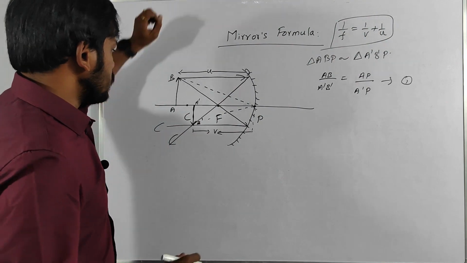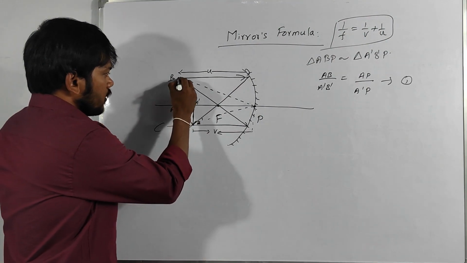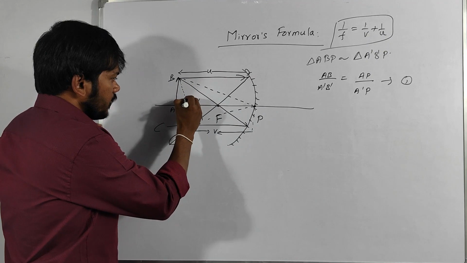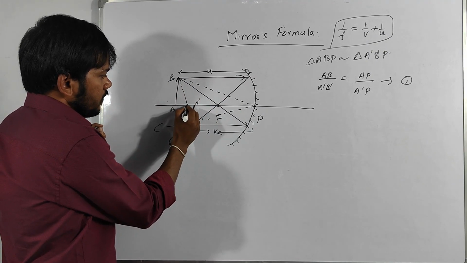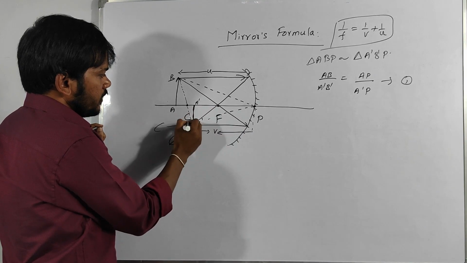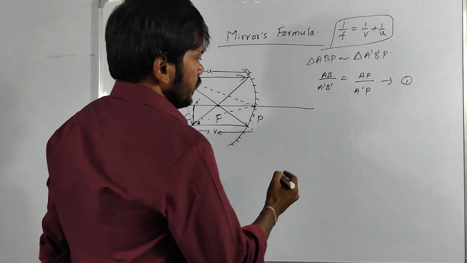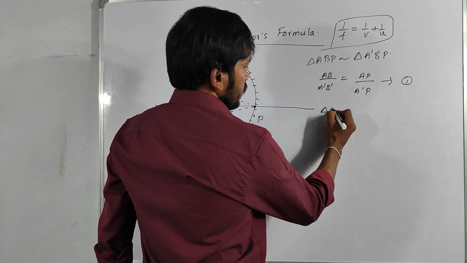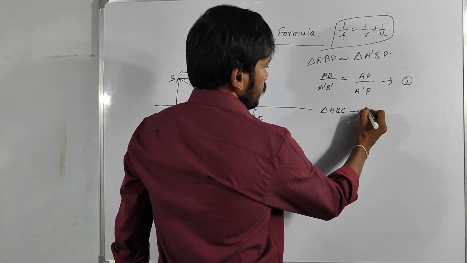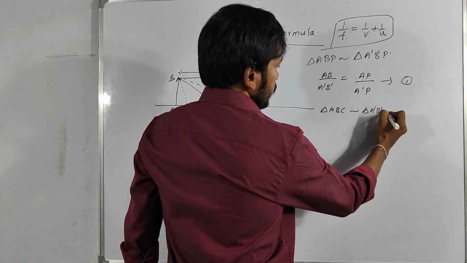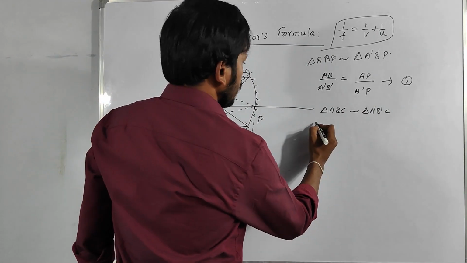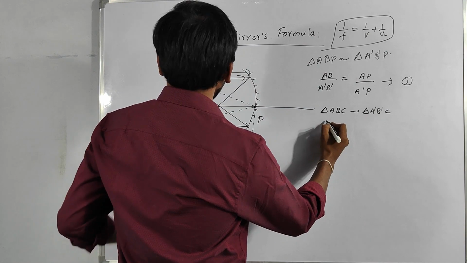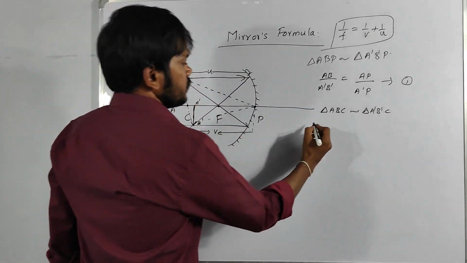That's why we'll consider another two triangles, which are ABC and A dash B dash C. Again, triangle ABC is similar to triangle A dash B dash C. Again, let us consider the heights first.